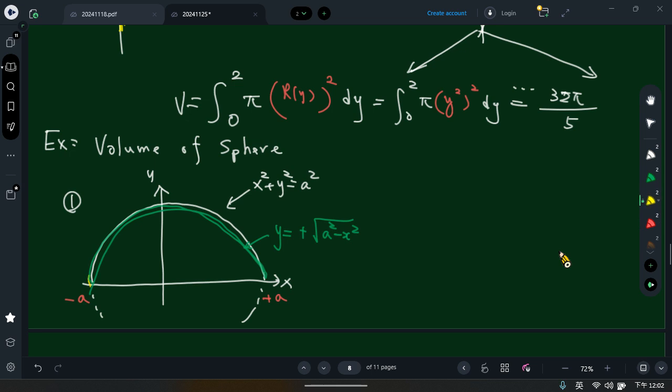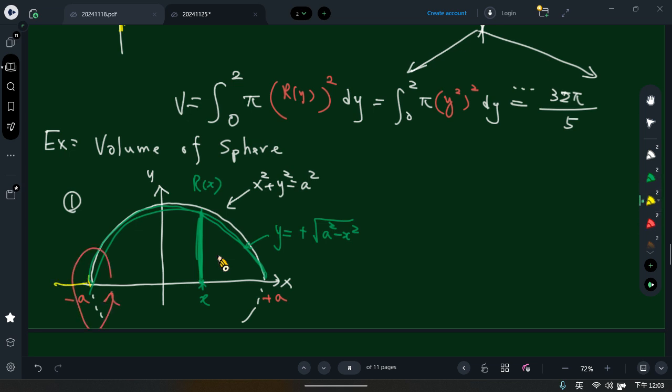Then I just randomly pick x here. Then use the radius r. This is r of x, which means different x will cause a different r of x as its radius. Then we just rotate this by the x-axis.